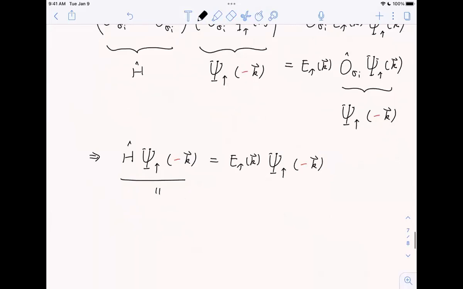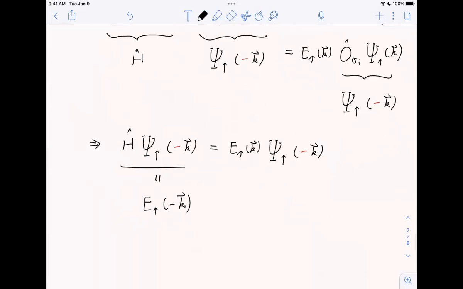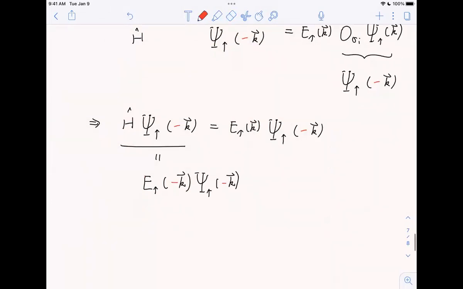This is just equal to the energy of this state. This is a Hamiltonian, this is the eigenstate. So the result is that these two must be the same. Let me use a red color. You compare this one and this one, and you obtain this.